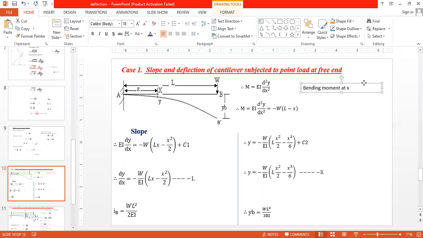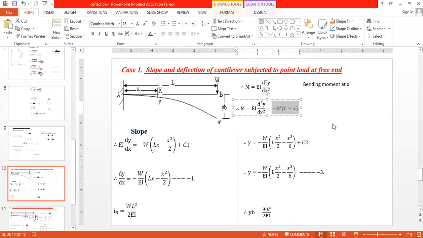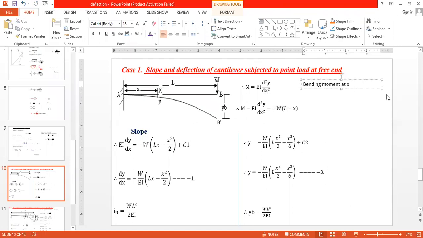Now see here, if I take this x section and consider this part, there is a force W, its distance is L minus x, and it is bending the beam in downward direction. Therefore bending moment at x is equal to minus W into L minus x.